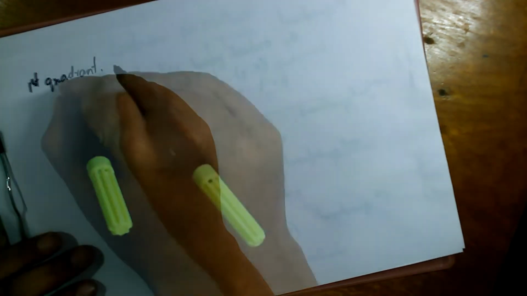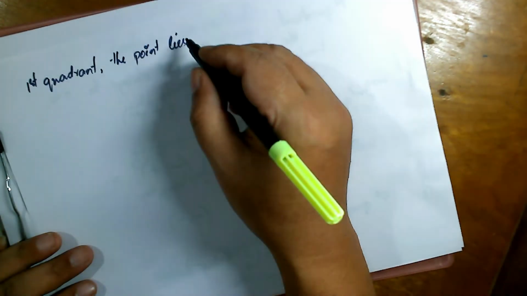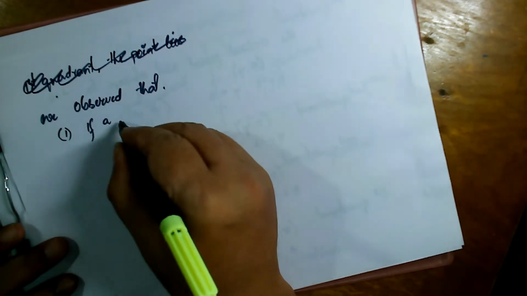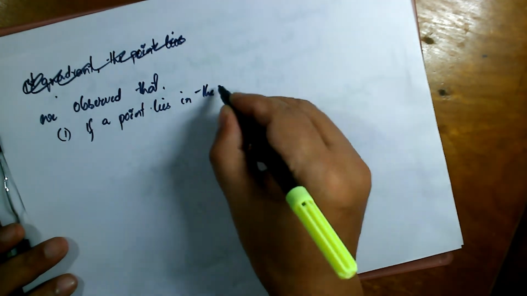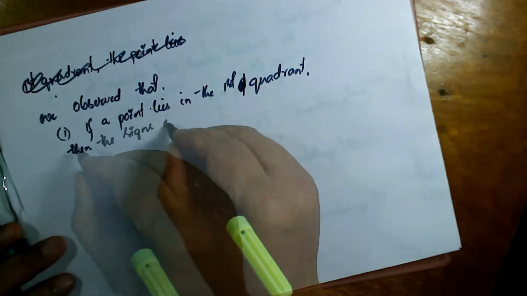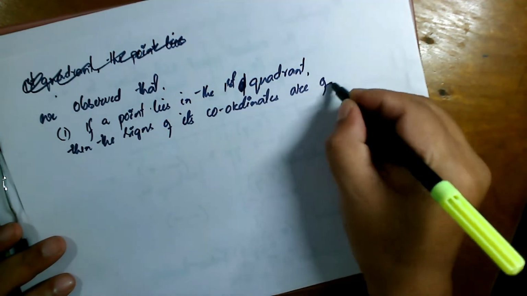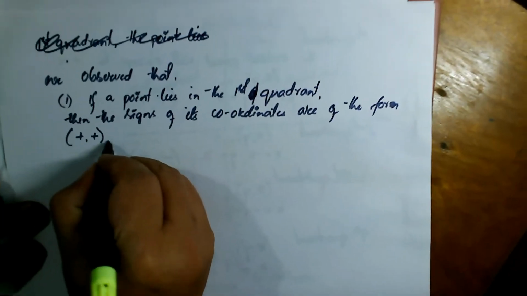So from this Cartesian plane, we observe that number 1, if a point lies in the first quadrant, then the signs of its coordinates are of the form plus and plus, positive and positive.